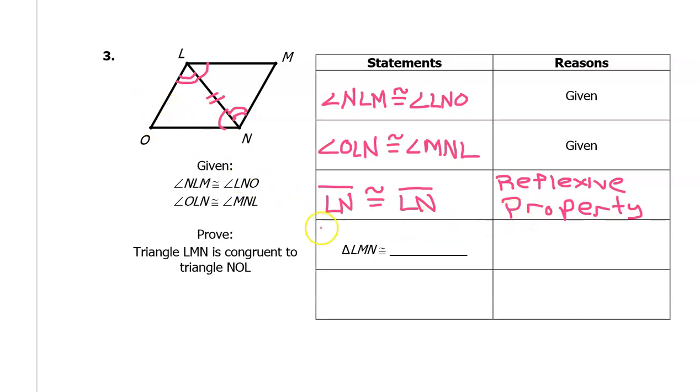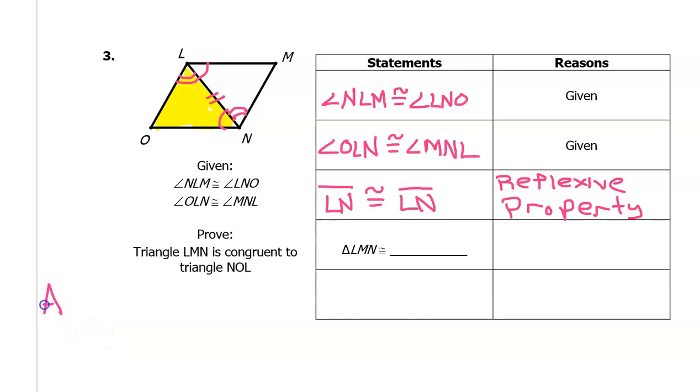All right, now we have enough information to prove that the triangles are congruent. Let's start with the reason. I want to focus on one triangle at a time, so focus on this yellow triangle, please. What type of information do we have? I see that we have 2 angles and a side.